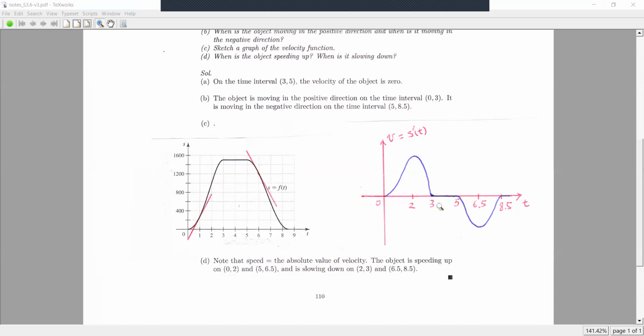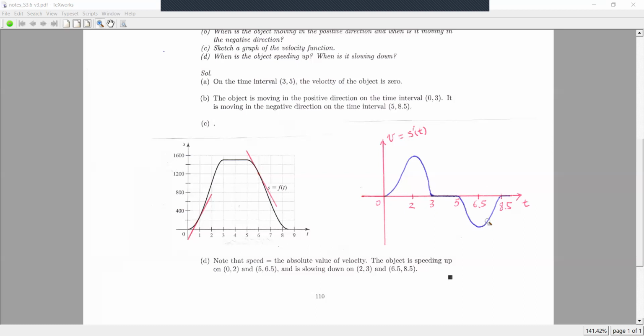Now from 2 to 3. From 2 to 3, velocity is positive and is decreasing. So speed is decreasing. Therefore, on the time interval 2 to 3, the object is slowing down and is moving in the positive direction. From 6.5 to 8.5, the graph of velocity is increasing, but velocity is negative.